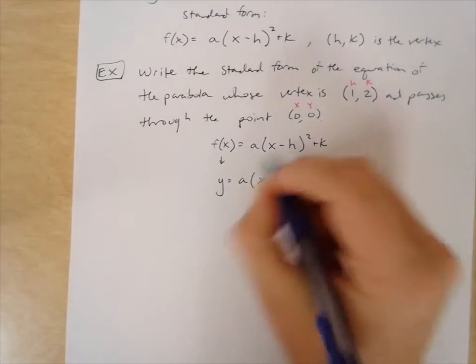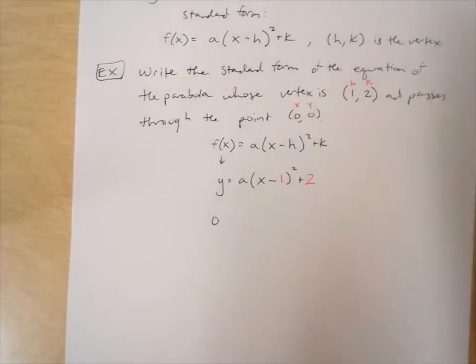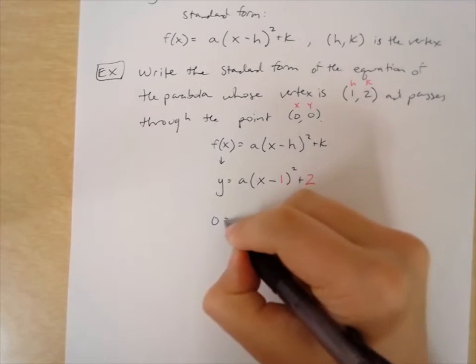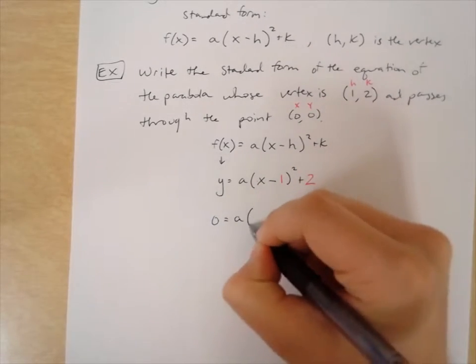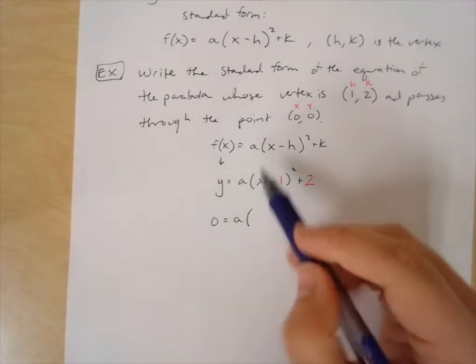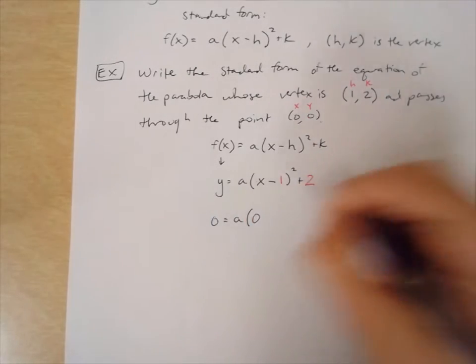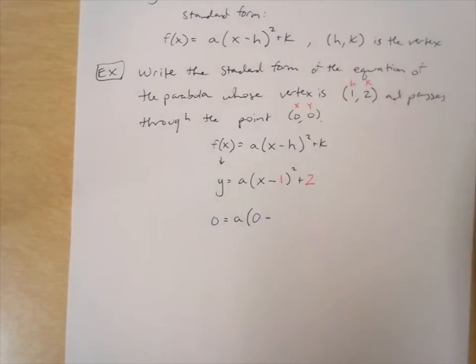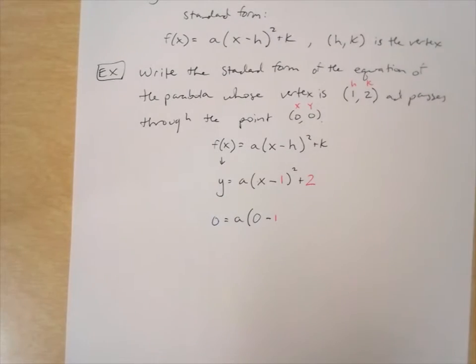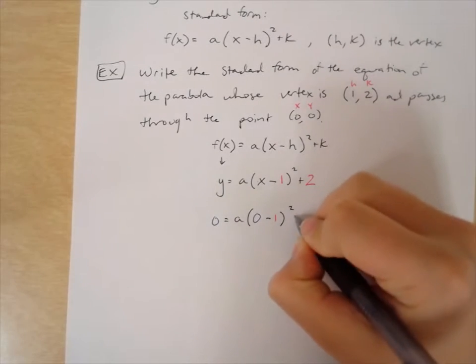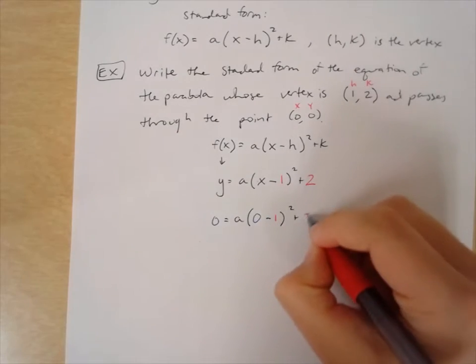What we can say then is that our y value, 0, equals a, which we don't know yet, outside our x value, which is 0, minus 1 squared plus our 2.